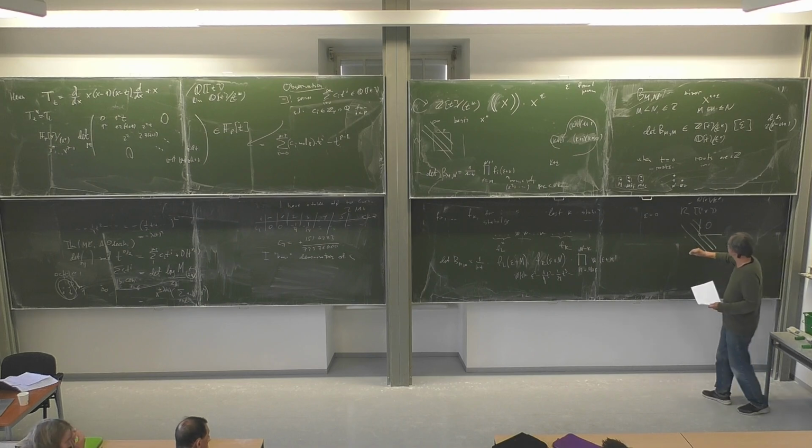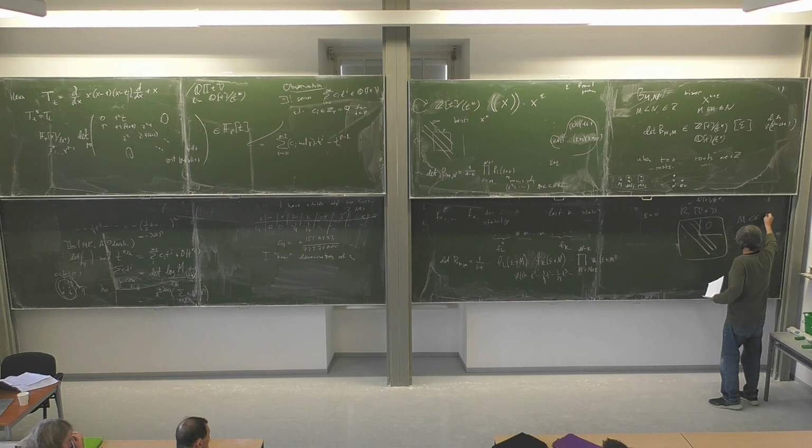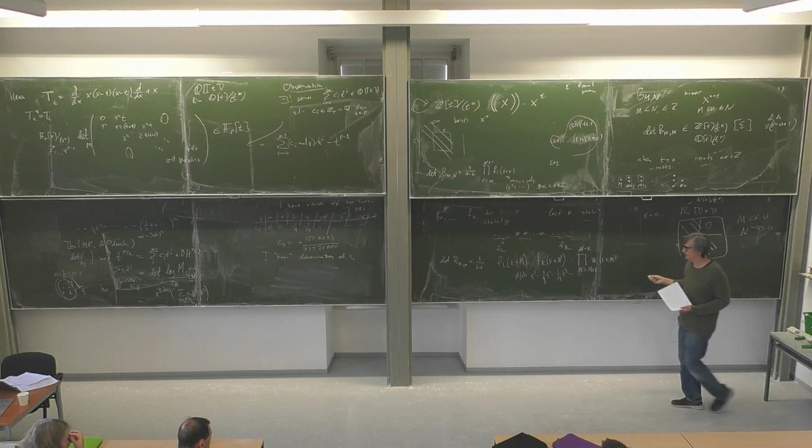It preserves the subspace. And when I consider the minor, where m is very negative and n is very positive, my determinant is equal to the product of two determinants.